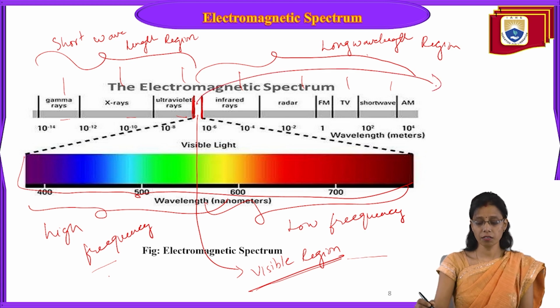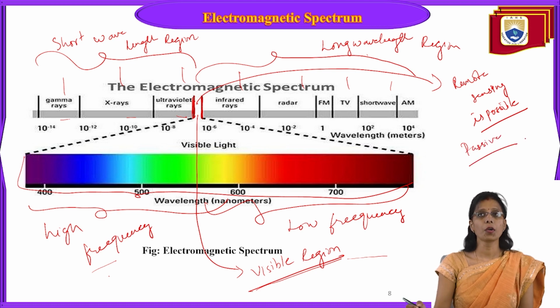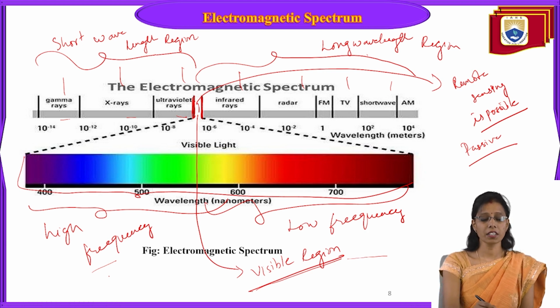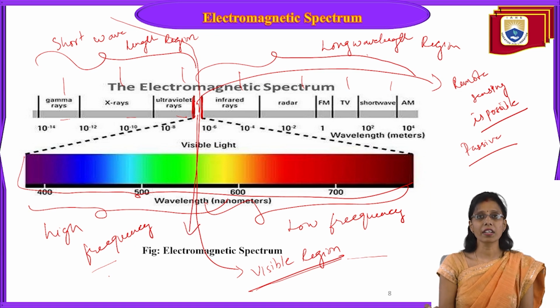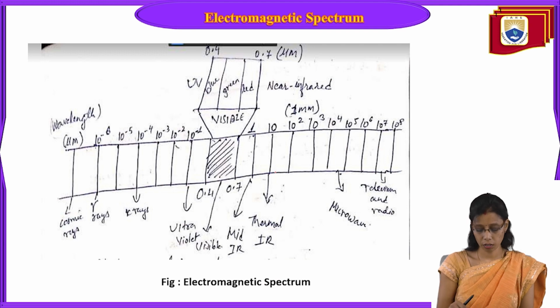This is the only region where remote sensing is possible, and that too passive remote sensing, because from this region only the radiation can pass through and reach the ground. Whereas in this region, let us understand better with this image. This is the same image here.